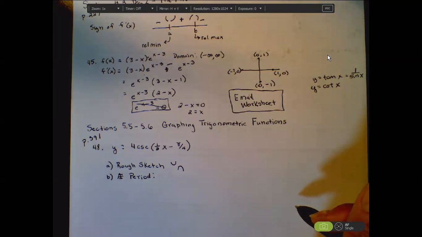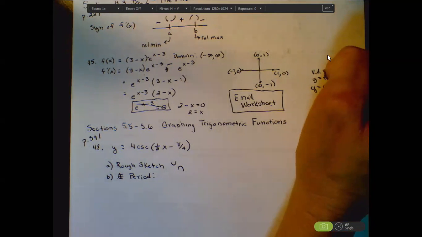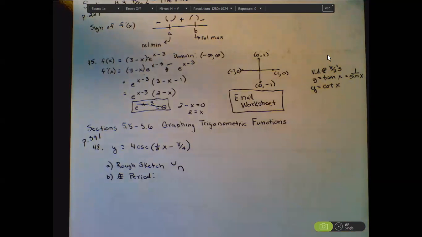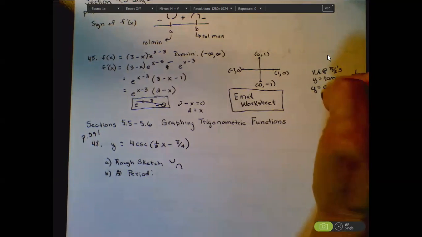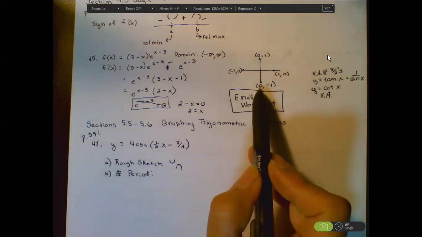Is sine 0 on the x-axis or the y-axis? On the x-axis. Right. So tangent has its vertical asymptotes at the half pies. And to be technically correct, I'd have to say odd half pies. And cotangent has its vertical asymptotes wherever x is 0.